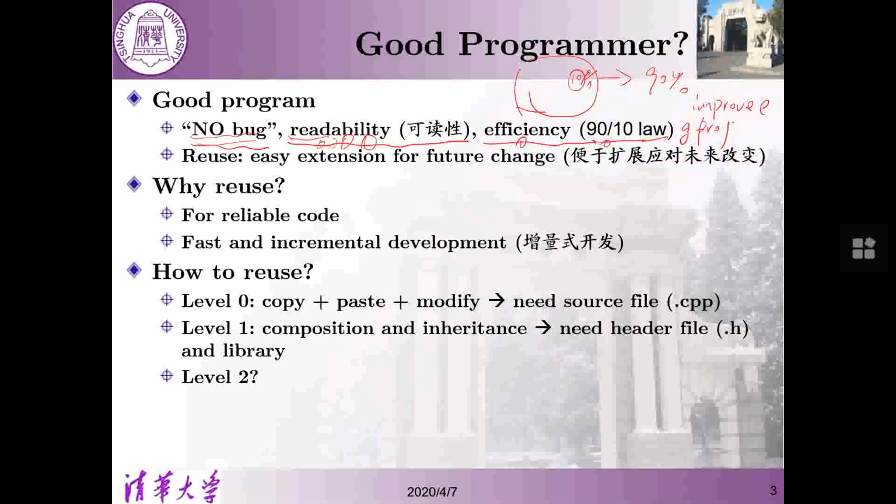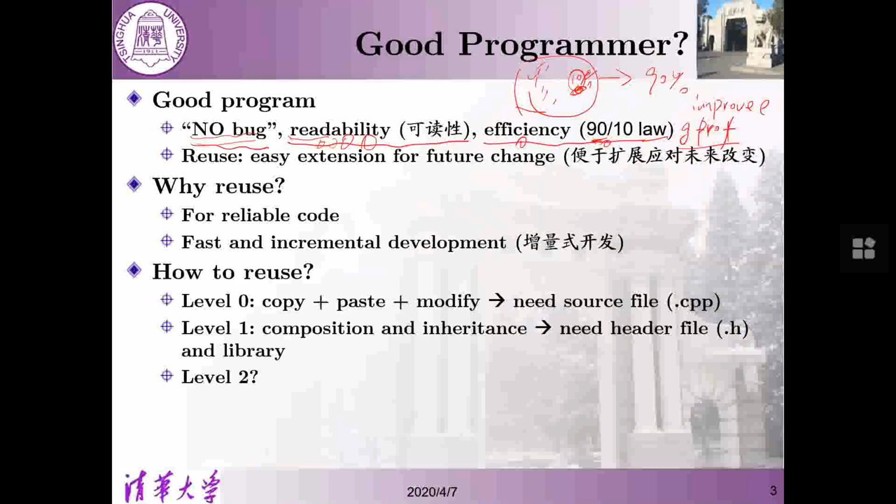Gprof will analyze the code and count the number of times each function is called. So we should focus on this 10% part, rather than the other part. If we improve the efficiency of this part, then our program will have much better efficiency, right? So be careful about that.